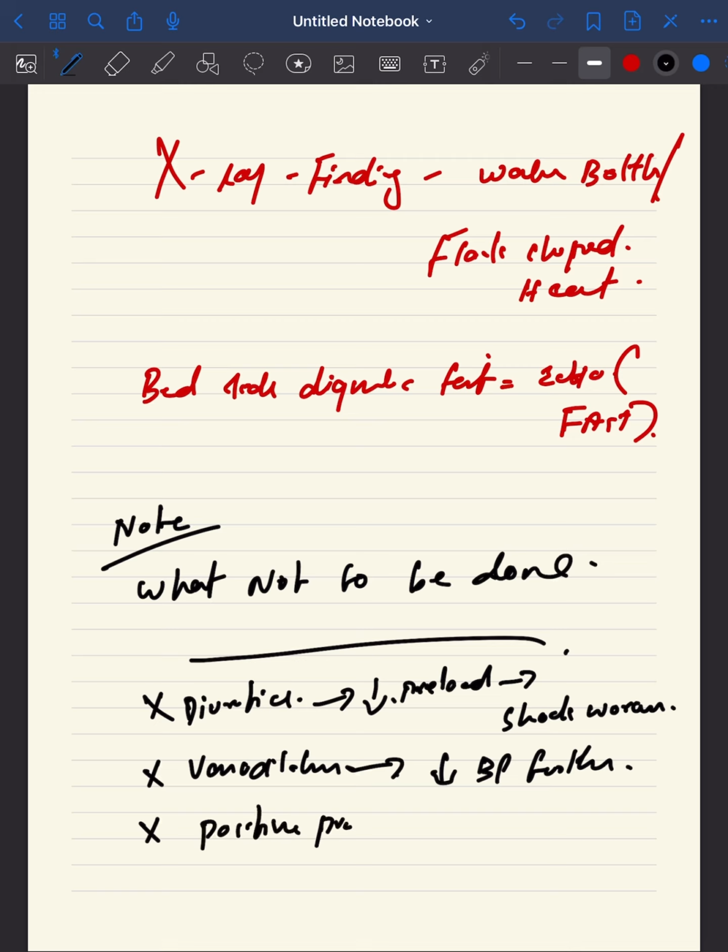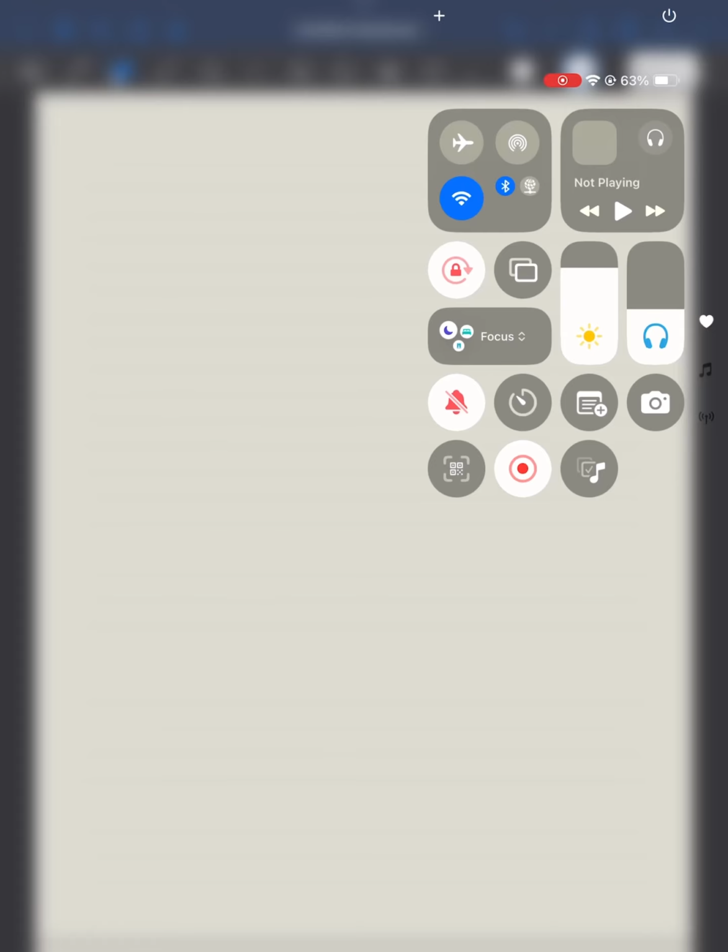Don't give positive pressure ventilation. Why? It decreases venous return.